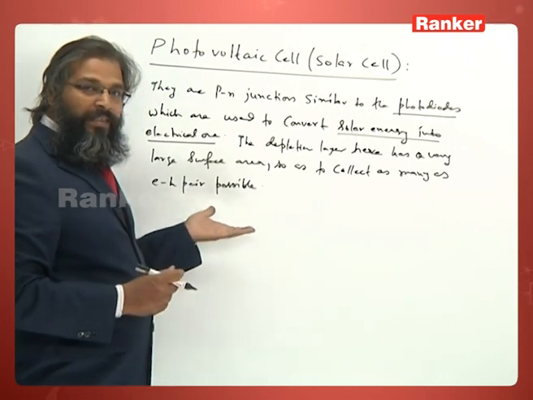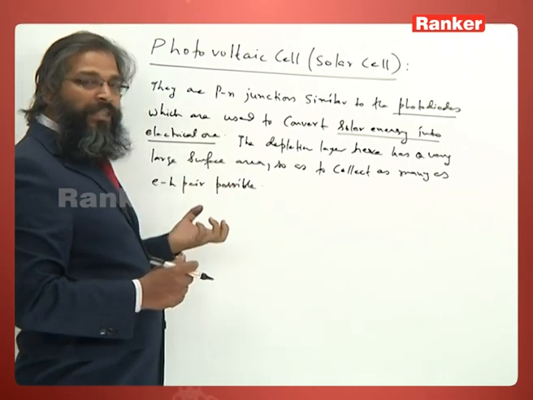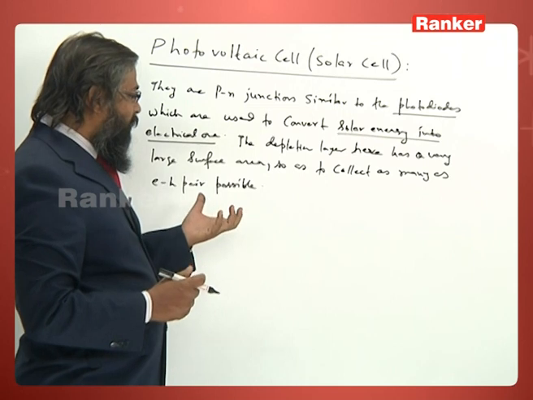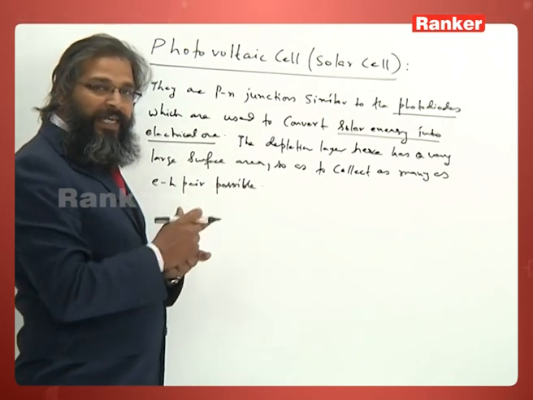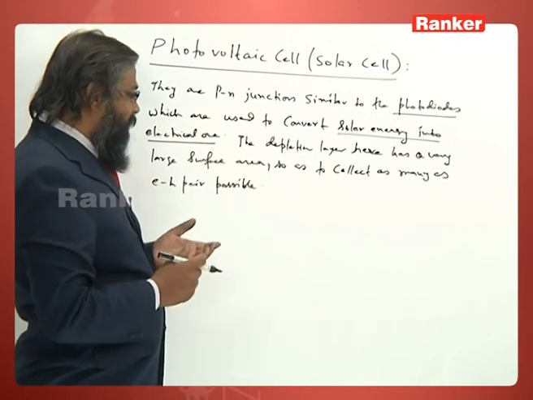There is no biasing because we collect the electrons to the N side and holes to the P side, and when they are connected, they supply the electric current.